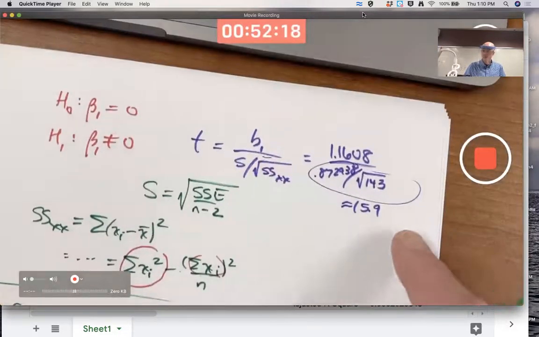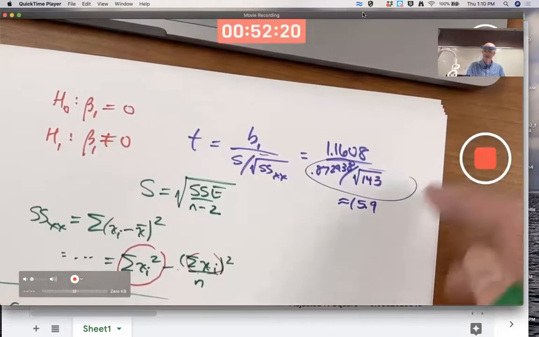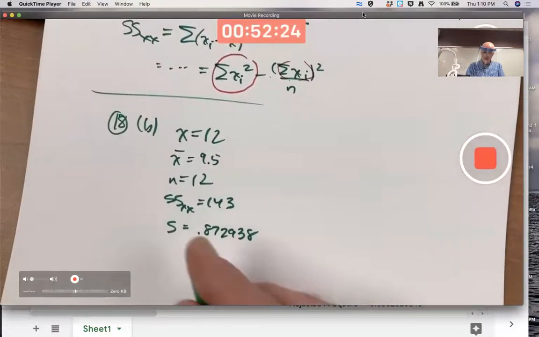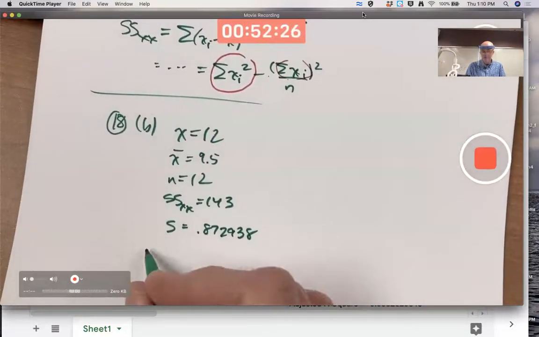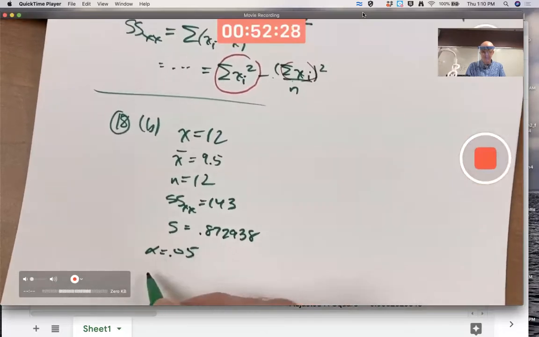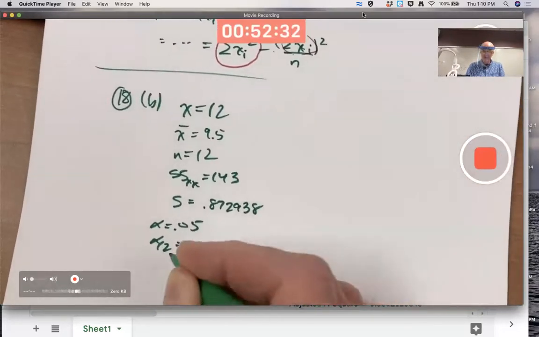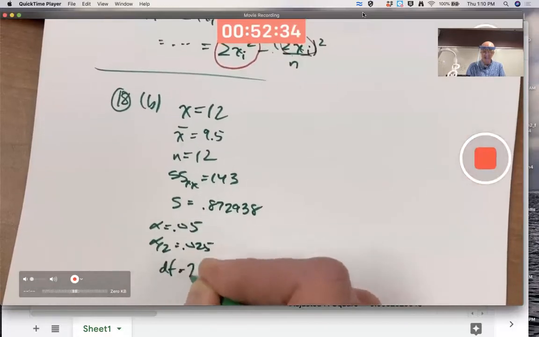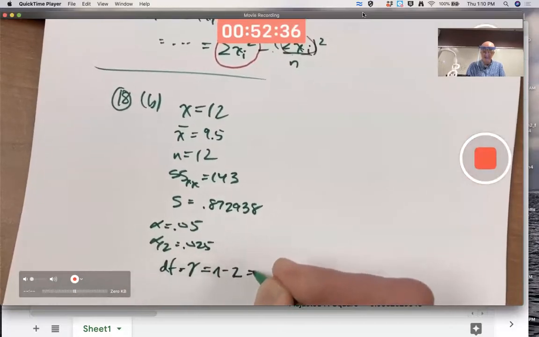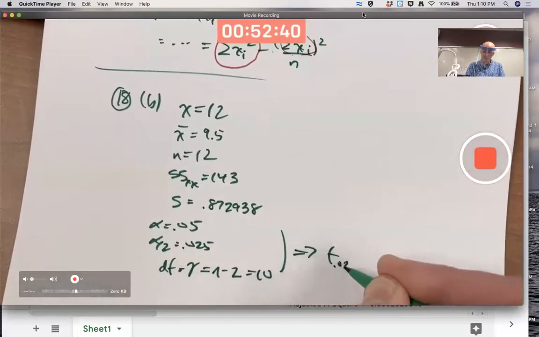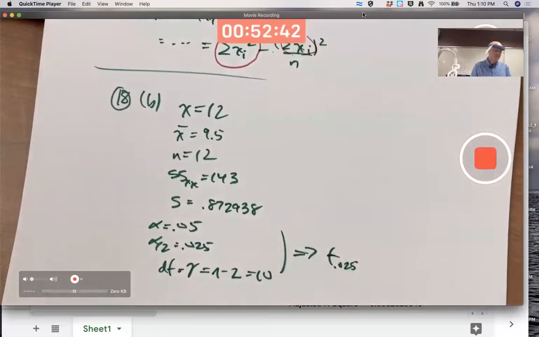I got those from looking up here. Say we want 95% confidence, which is what we want, then alpha is 0.05. So alpha over 2 is 0.025. How many degrees of freedom there? DF, or gamma if you prefer, is n minus 2. That's 10. So t sub 0.025, I'll just look in the table.